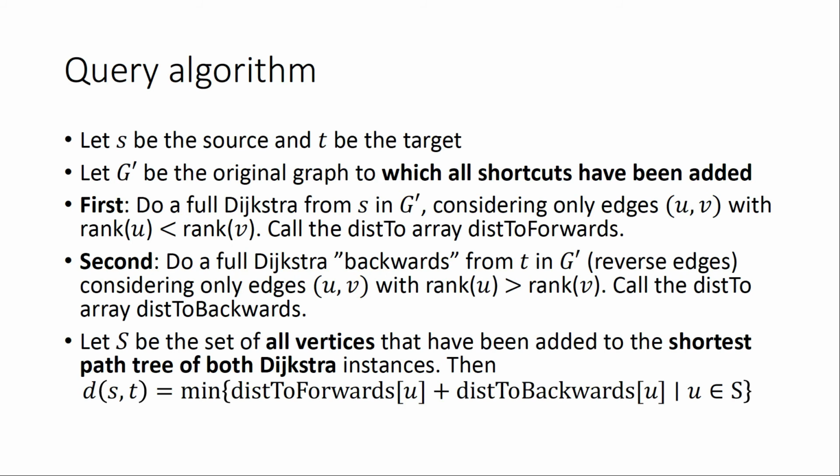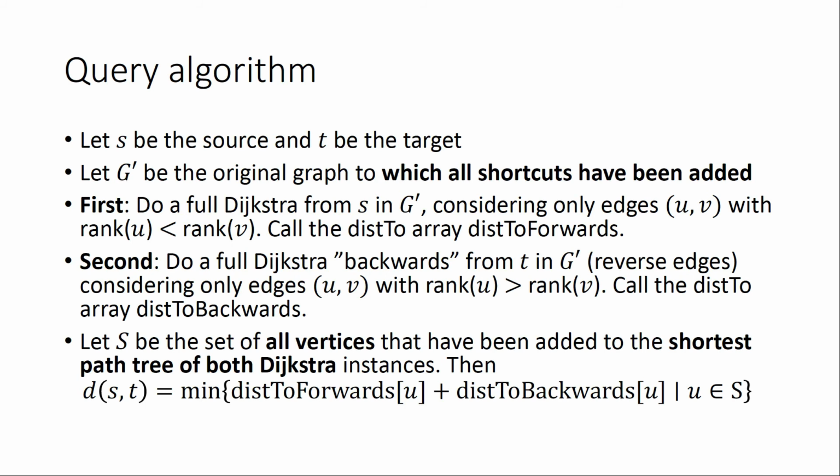But what you do is, you look at your source node and you look at your target node. So source and target, so over here. And now you have this large graph. And in this large graph, you have the original graph, and you have all the added shortcuts. It's much bigger than the original graph to begin with.